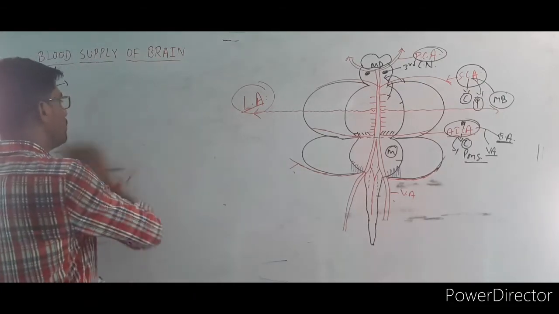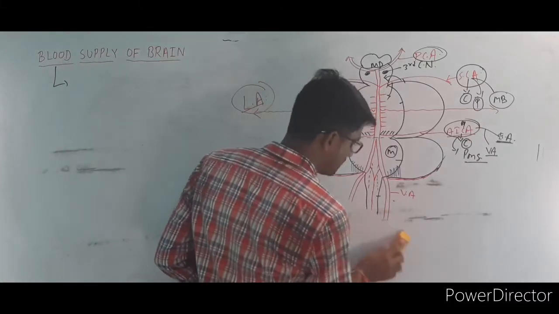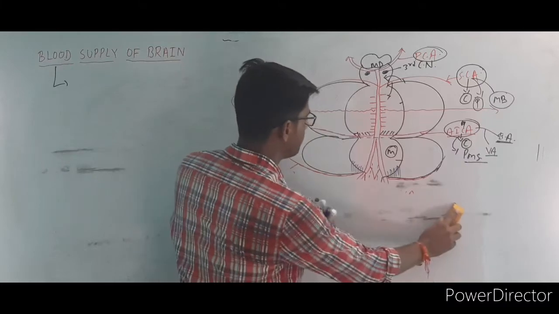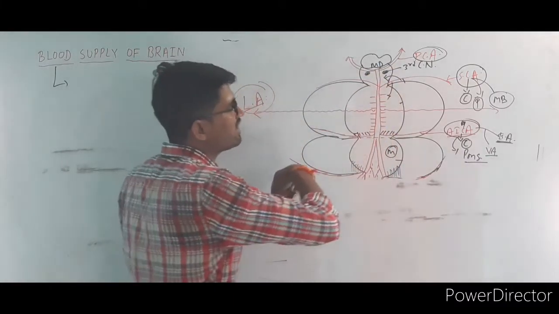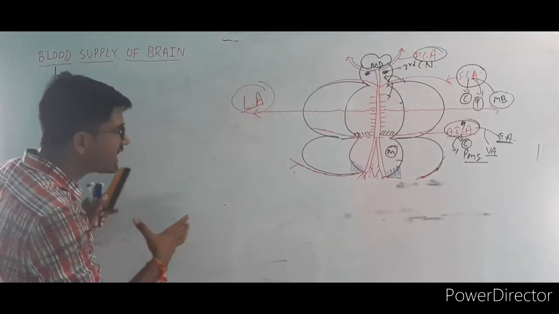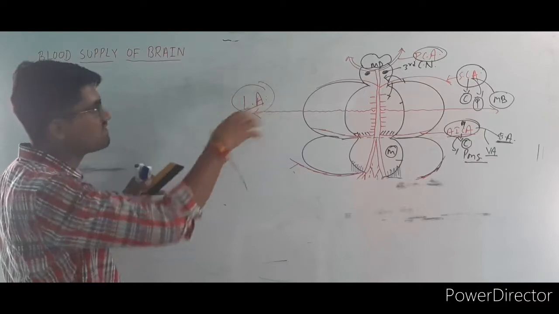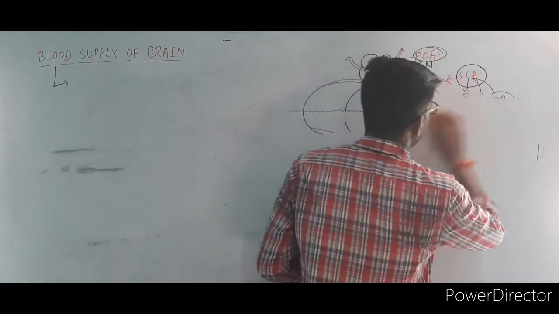Now the internal carotid artery system. These things up to here you should remember. Here is the posterior cerebral artery. Now we are going with the internal carotid artery. How does it communicate with this? Let me draw one diagram.